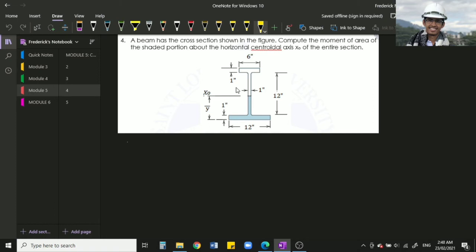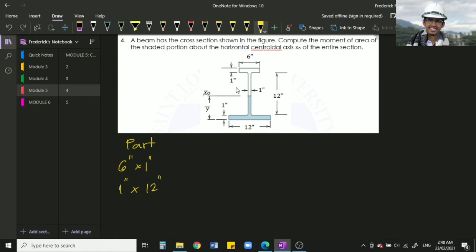So we can divide it into parts. We'll make a table. The first part is 6 by 1, so 6 inches by 1 inch. The second part is 1 inch by 12 inches.